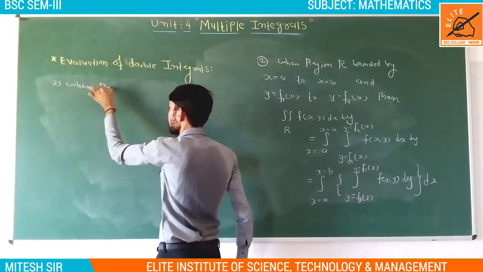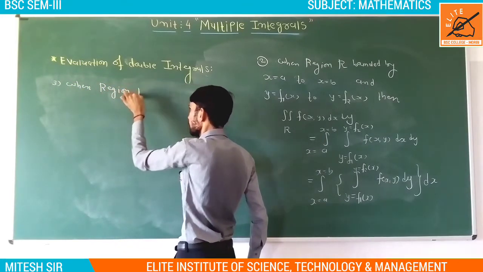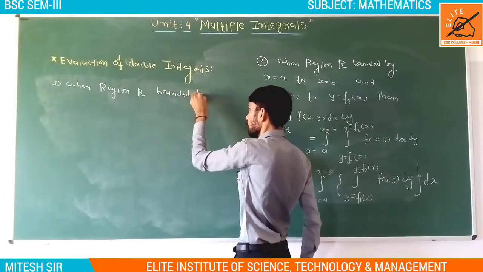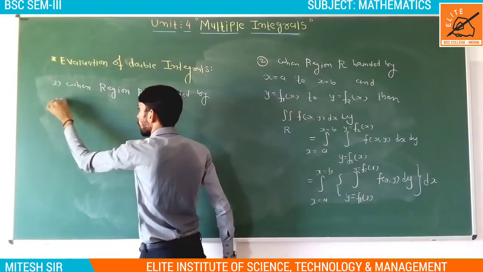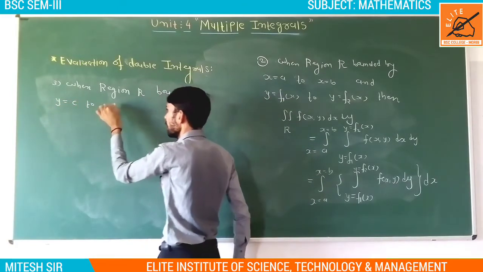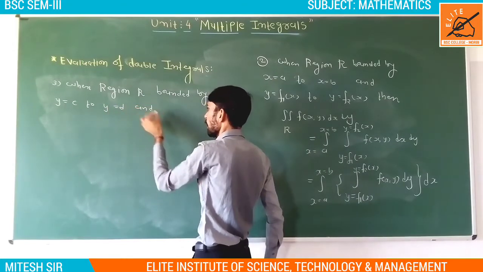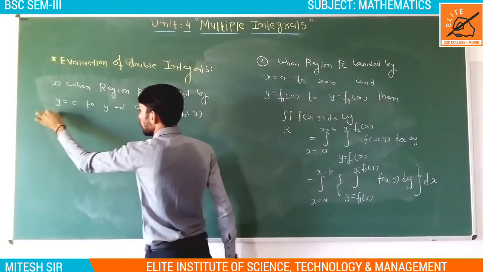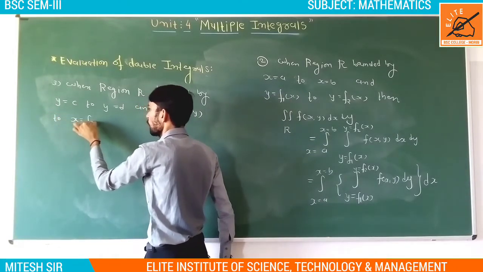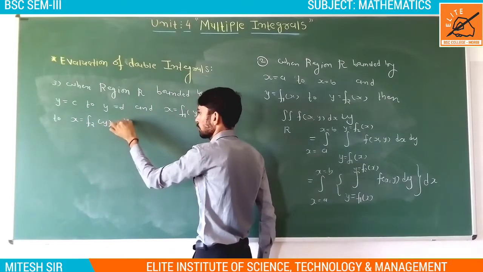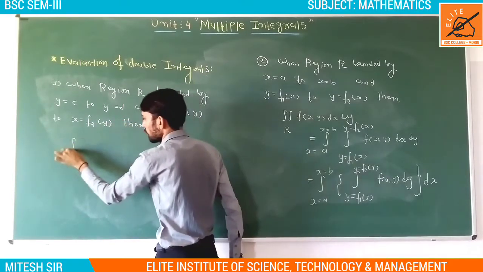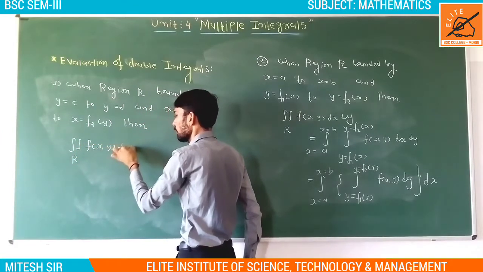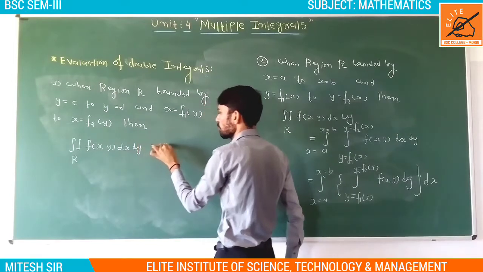When the region is bounded by y is equal to c to y is equal to d and x is equal to f1(y) to x is equal to f2(y), then the double integration of f of x y dx dy is calculated in this way.